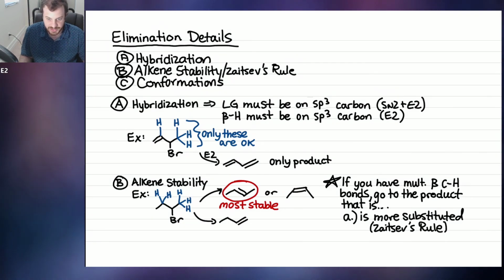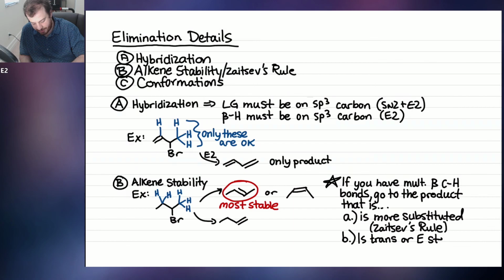This guy did a lot of E2 reactions, and he found that you generally, most of the time, get the more substituted alkene. That is the alkene with the fewest number of hydrogens on it. You also want to go to the alkene that is trans, or E stereochemistry. And that makes sense.